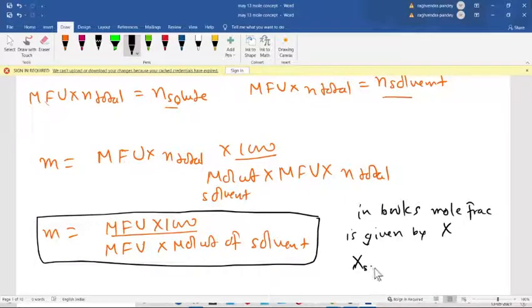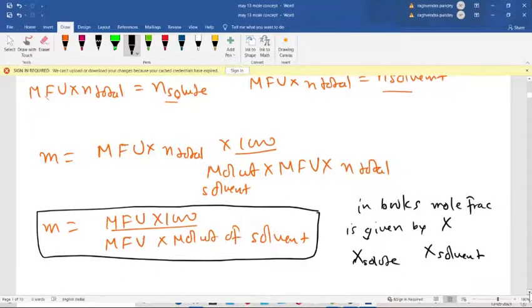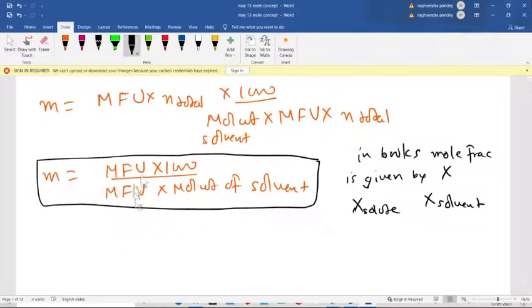They write SOL for solute, or completely write SOLVENT for solvent. So mole fraction of solute and mole fraction of solvent. So you can write like this if you don't want to write the full thing. So this is the formula.